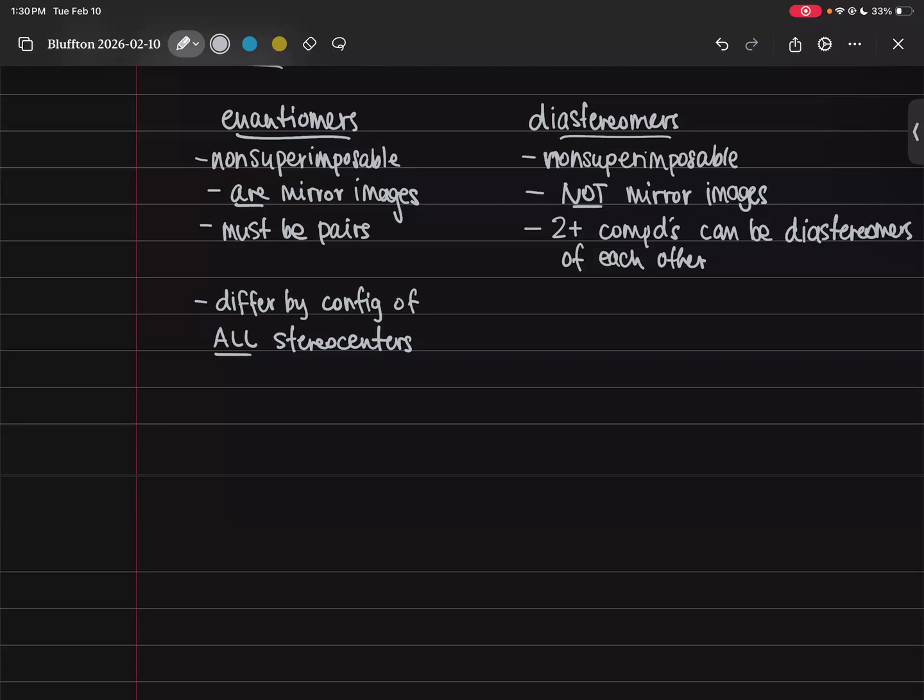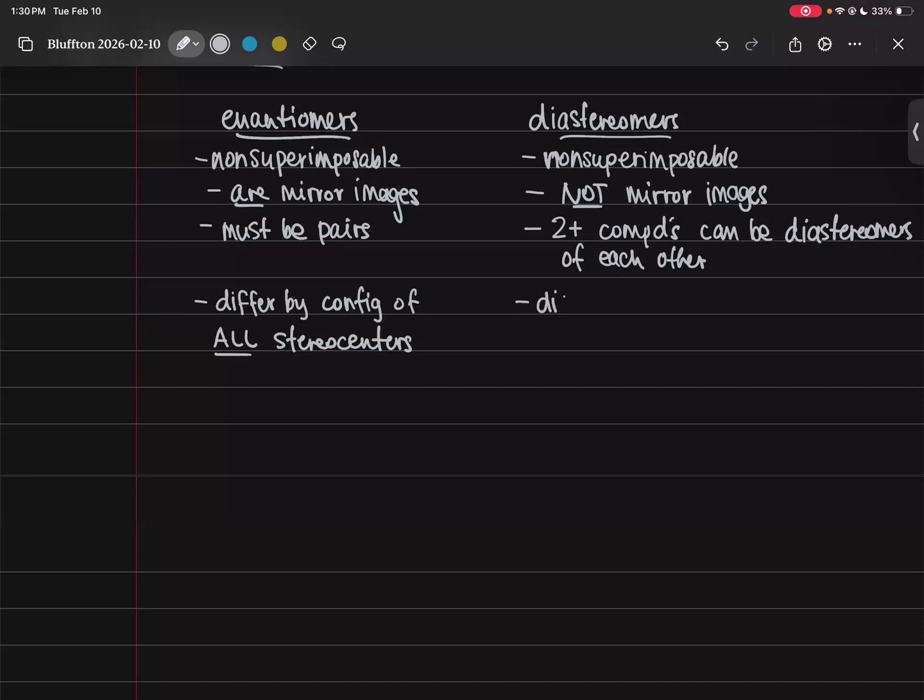But if we have a molecule with 10 stereocenters and we assign them all R and S, and then flip all 10, reversing R to S or S to R, we get the enantiomer. But if we take just the first 3 stereocenters and flip those, leaving the other 7 alone, then we get diastereomers.